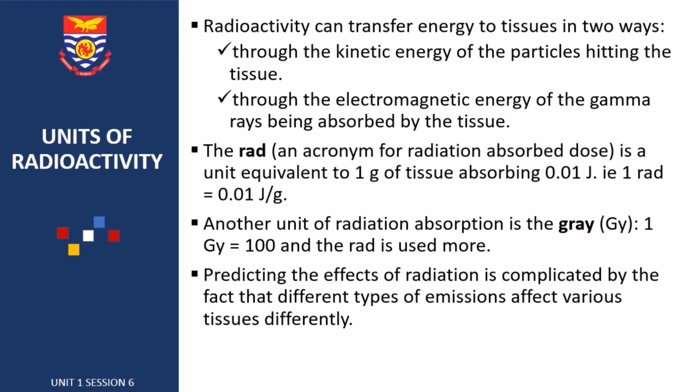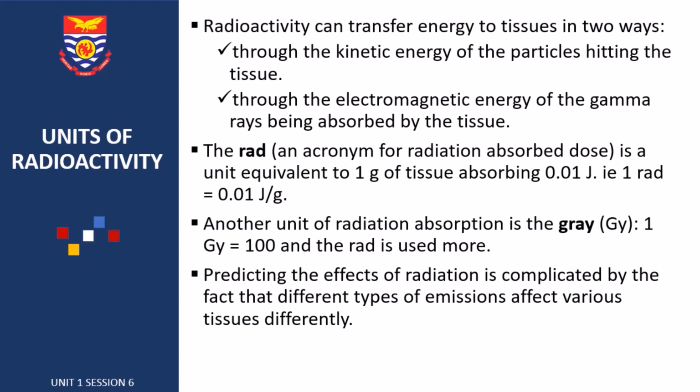So the RAD, which is an acronym for radiation absorbed dose, is a unit equivalent to 1 gram of tissue absorbing 0.01 joule. So we will say that every 1 rad is equivalent to 0.01 joule per gram.